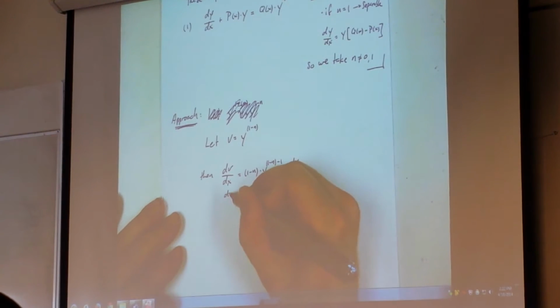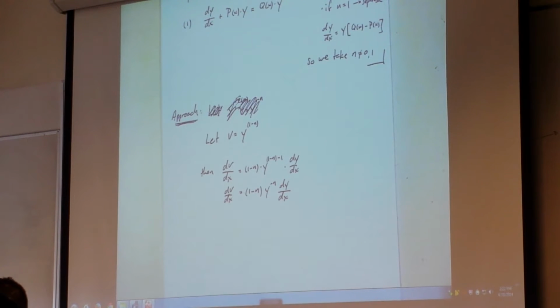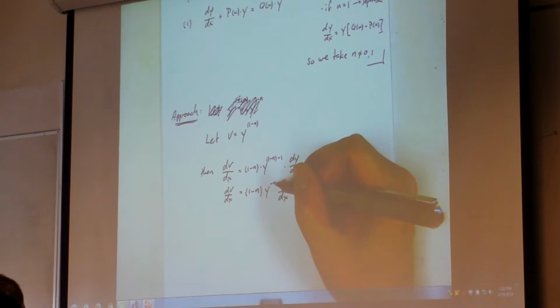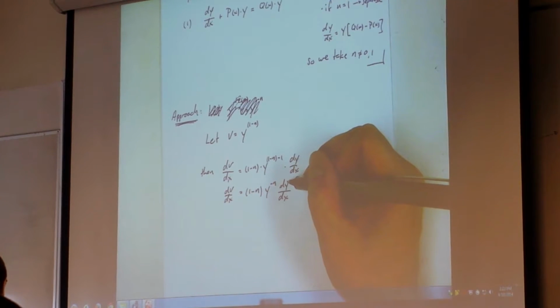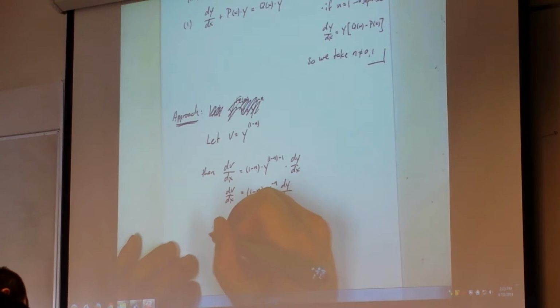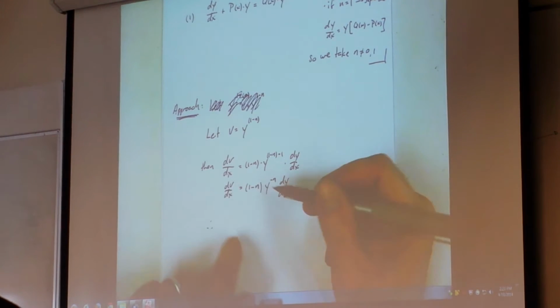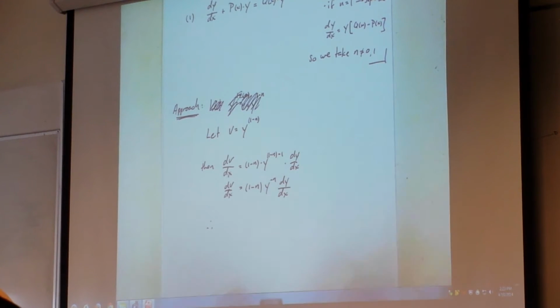That's dv/dx. Now you can solve this, turn it around, and isolate the dy/dx. Isolating dy/dx would yield: multiply both sides by y to the positive n power, and divide by 1 minus n.